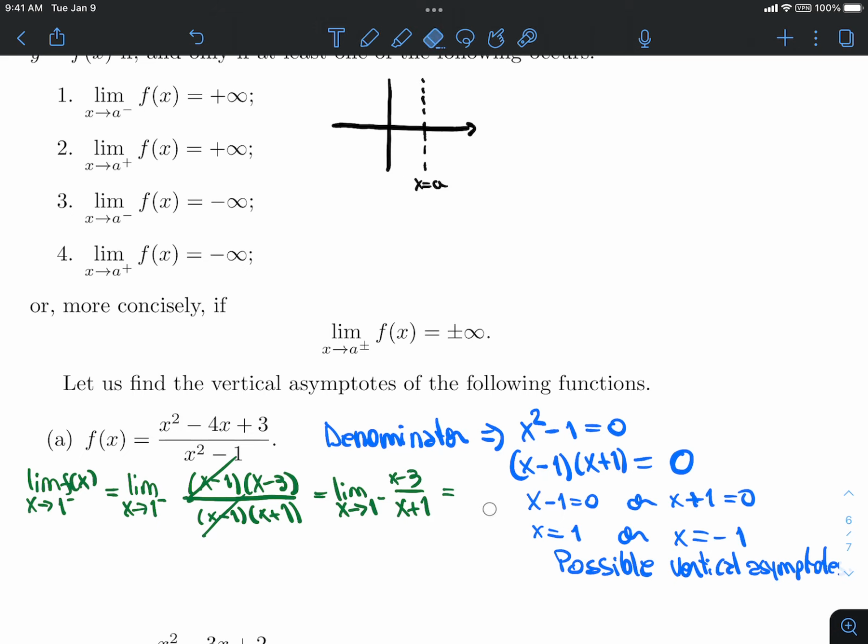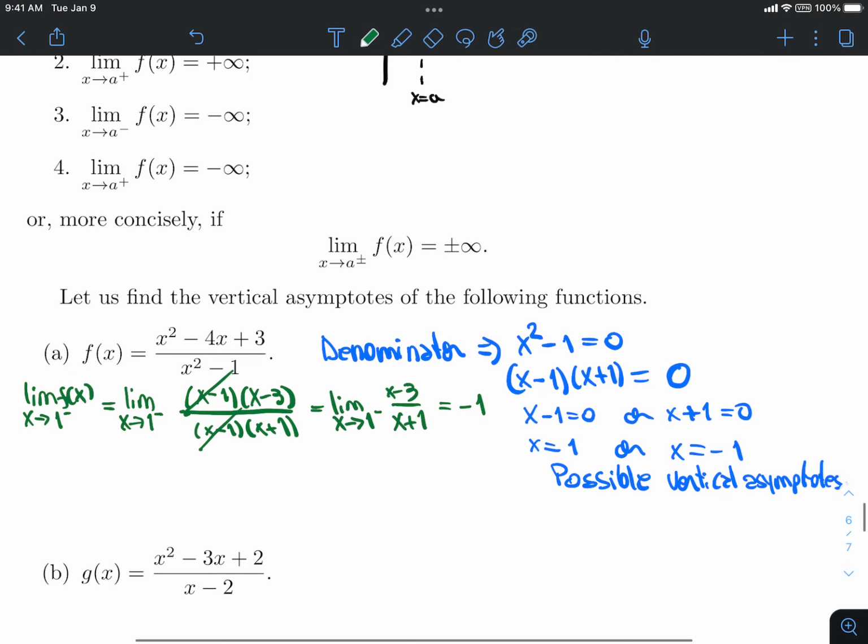It's not going to be infinity. So x equals 1, and this is going to happen from the left and from the right, if you notice. So this is not going to be an asymptote. I'll not even determine whether I was looking at the limit from the left or from the right. I'll just remove that because the calculation is going to be exactly the same.